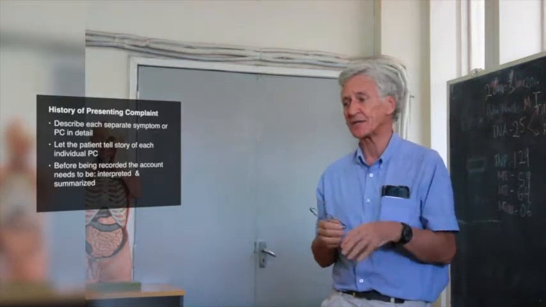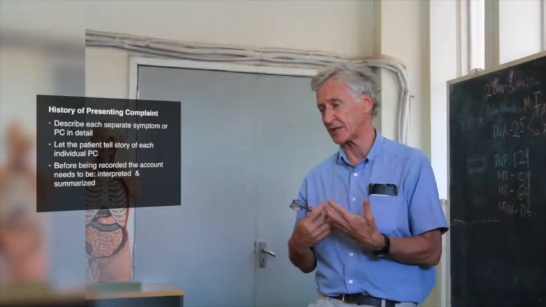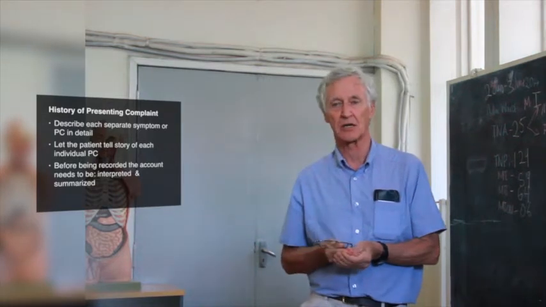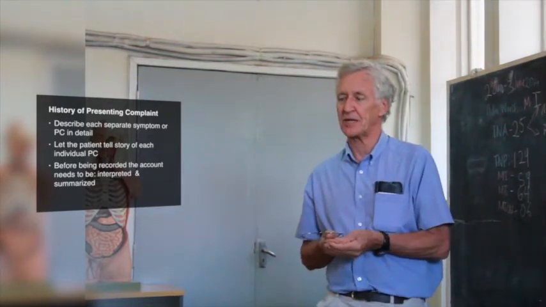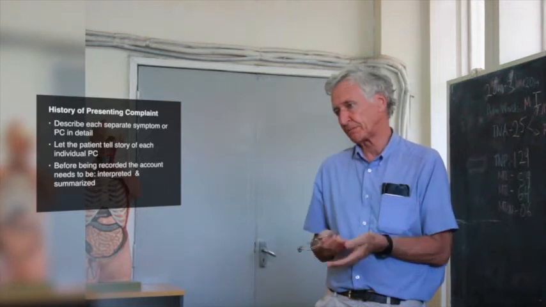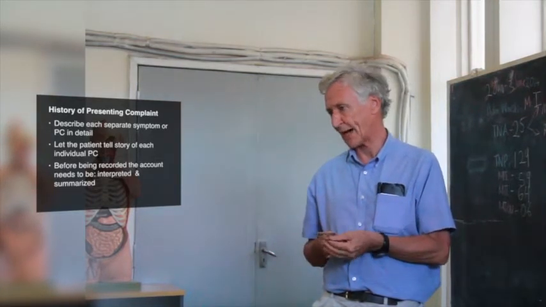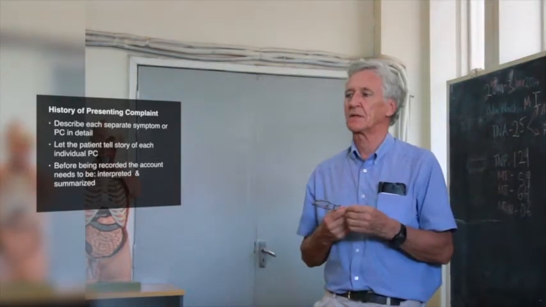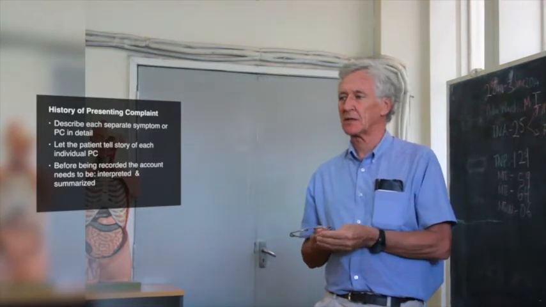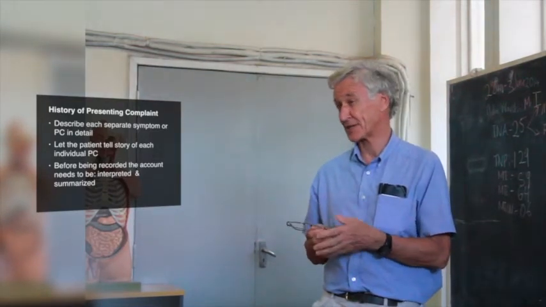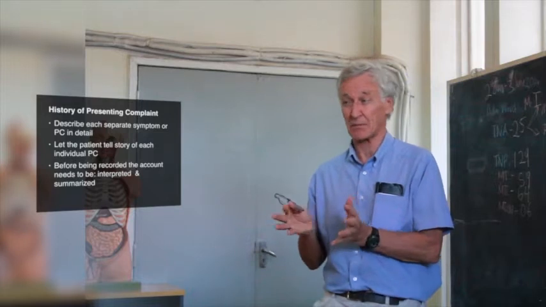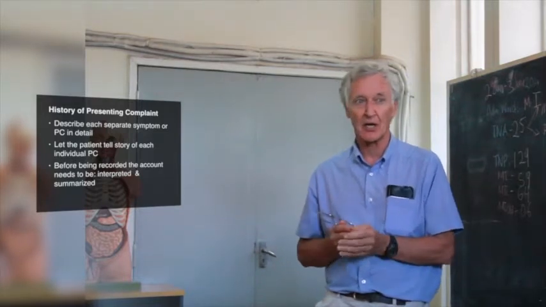The way I do it is I ask the patient to tell me the story of what has gone wrong. For example, if the patient is short of breath, tell me how does it affect them, how bad is it, when did it start, is it getting better, getting worse, have they had it before?